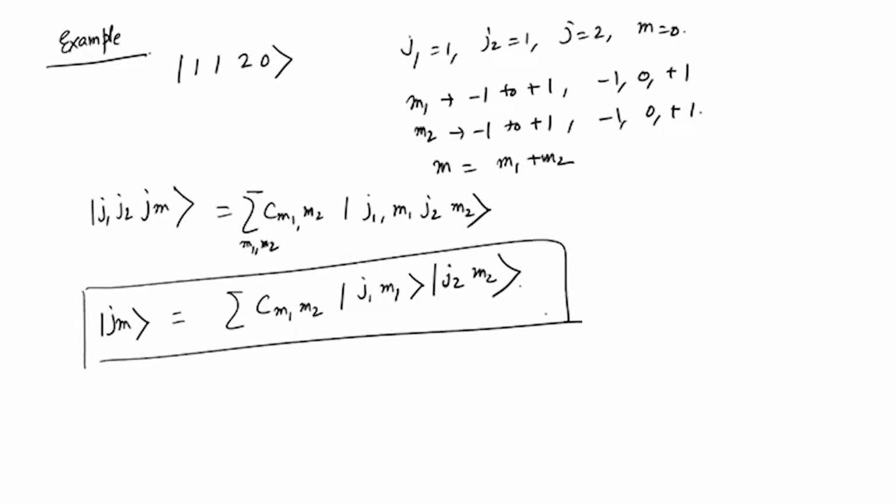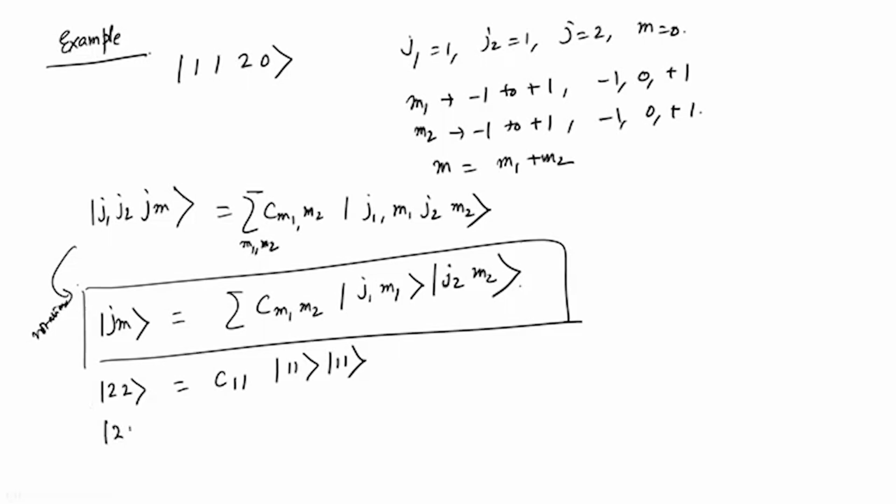This is a shorthand notation. So, I go from this to this notation. So, a little change in notation and a little bit of shorthand. So, we have |2 2⟩ which is equal to C(1,1)|1 1⟩|1 1⟩. So, J1 m1 are 1 1 and J2 m2 are 1 1 as well. So, that is |2 2⟩.